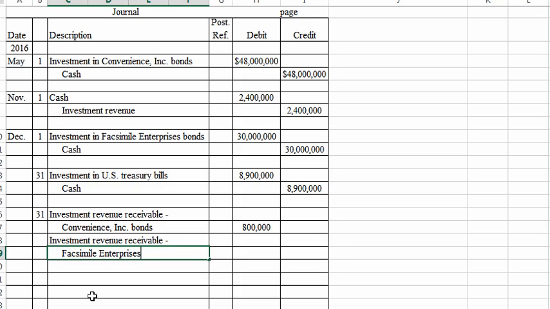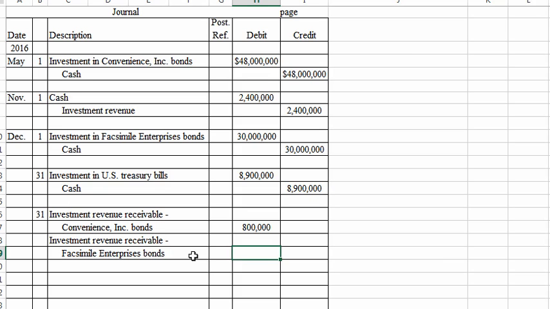Investment revenue receivable, Facsimile Enterprises bonds. So same account. This one's just for Convenience Incorporated bonds. This one's for Facsimile Enterprises bonds. These are both current assets, receivables that we'll receive payment on within the next year, less than 6 months actually.